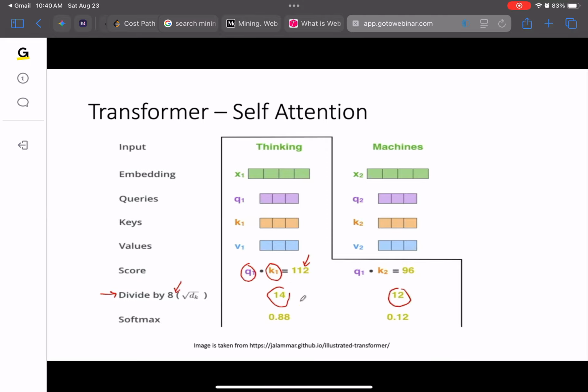Then, since these scores are not on a scale of 0 to 1, and they also don't add up to 1, we use a softmax to get the probability scores. The probability is basically the probability of this key being similar to the query. So that is the score, this value that is there.